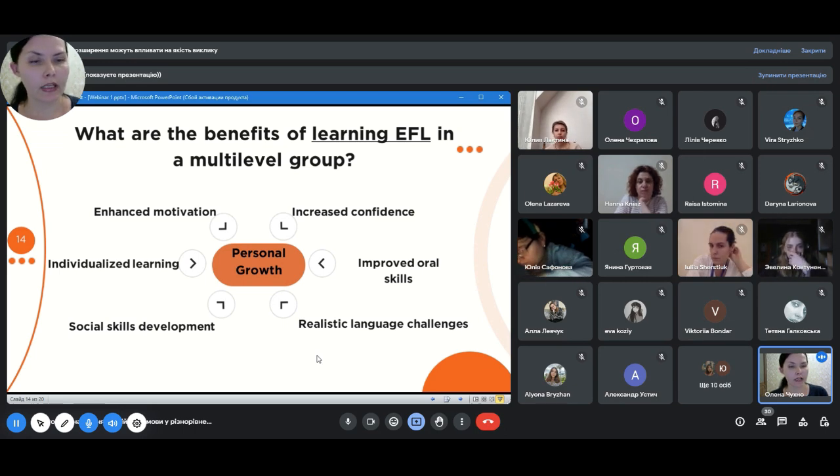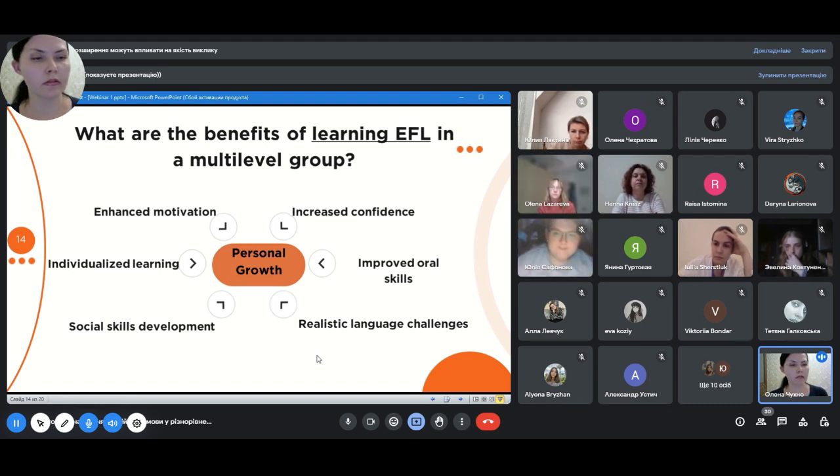Their motivation enhances because they look up to their peers who are better at English, and they want to improve. And they also see that the teacher takes care. If the teacher is not indifferent, it will also increase students' motivation to learn English. It increases students' confidence if the teacher provides them with challenging but still feasible tasks, so they can achieve this situation of success.